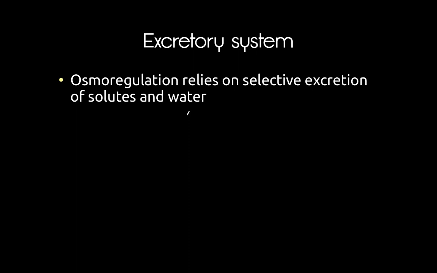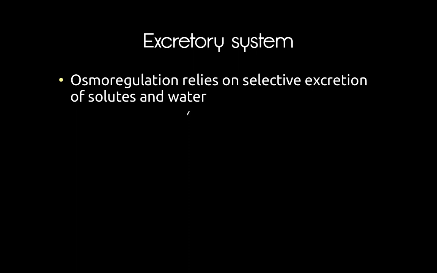And so really osmoregulation is going to rely on our ability, or an animal's ability, to selectively excrete certain solutes in water. We need to get rid of the precise things that we want to get rid of and, reciprocally, hold on to the things that we want to hold on to.